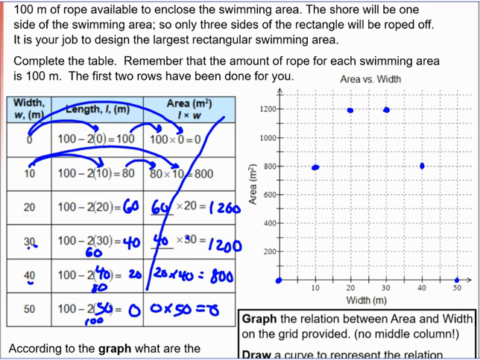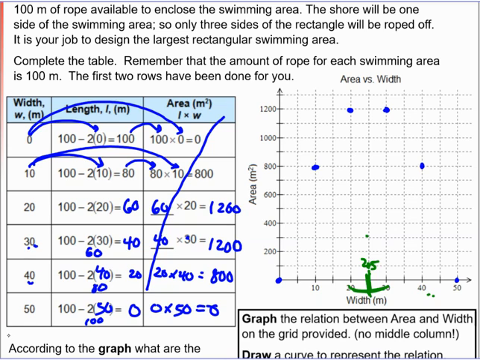So actually, before we do that, let's try this idea. Let's try in between. Since this is 1,200 and 1,200, what's halfway in between? 25.